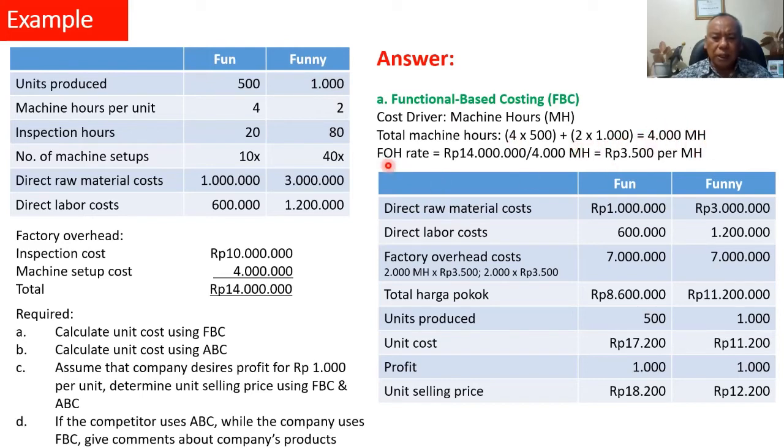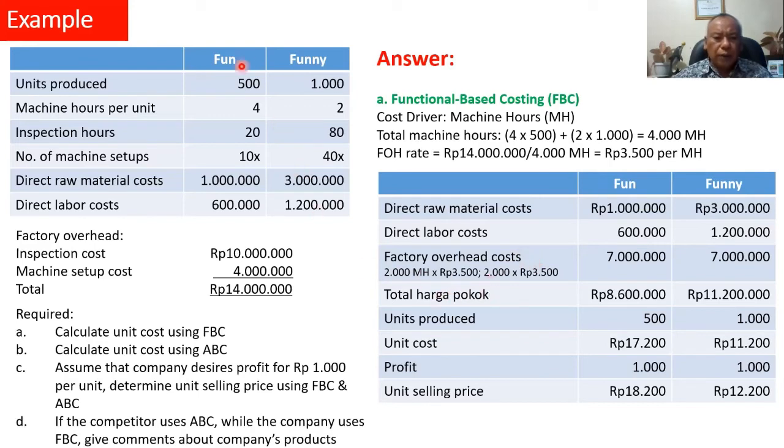So we can calculate the factory overhead rate. The total factory overhead cost of 14 million divided by 4,000 machine hours gives 3,500 per machine hour. So how do we calculate the cost of each product? The raw material and direct labor are already given, and then we add the factory overhead costs.